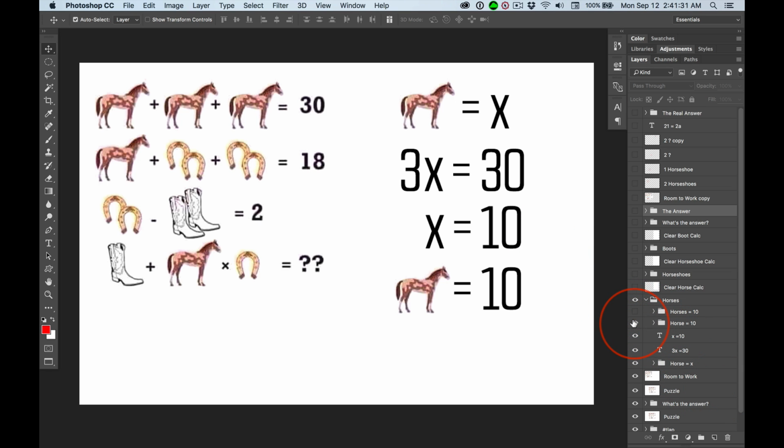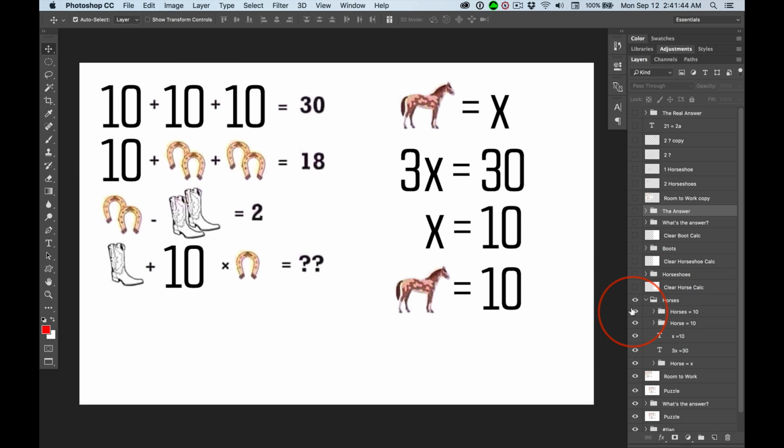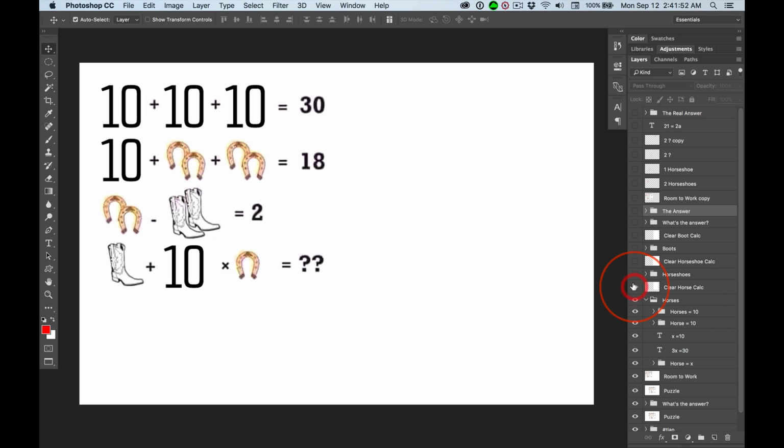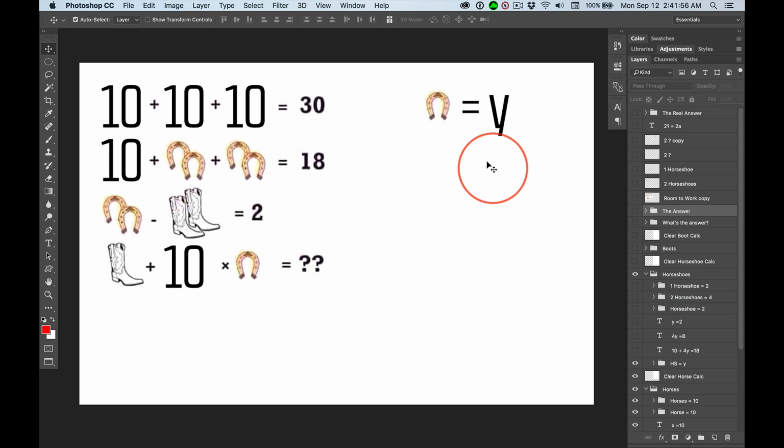So if x equals 10 and a horse equals x, then a horse equals 10. So we can look at our little puzzle here and replace the horses. Everywhere there's a horse, we can replace them with a numeral, which makes our job much simpler trying to figure out this problem. All right, we'll scrap that and move on to the horseshoes.